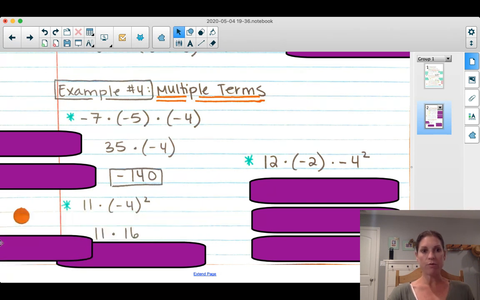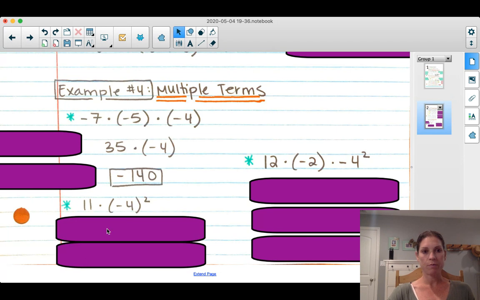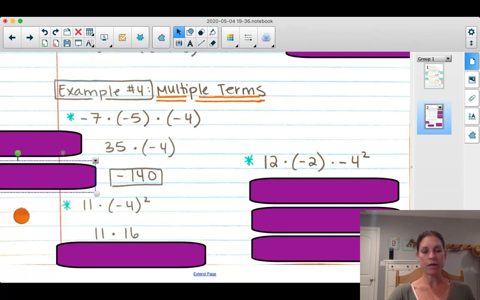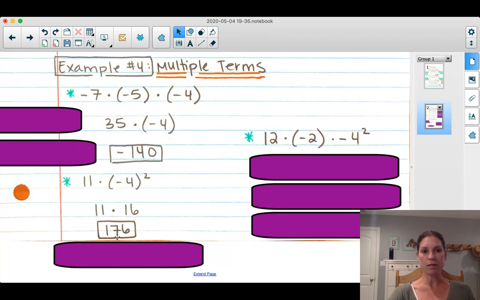So when I move this, I'm going to bring down my 11. Negative 4 times negative 4 is a positive 16. And then 11 times 16, both positive, so this stays positive. This is 176. Okay, let's go over here.